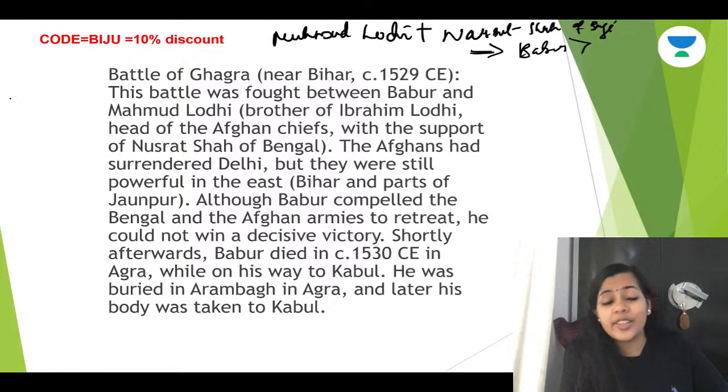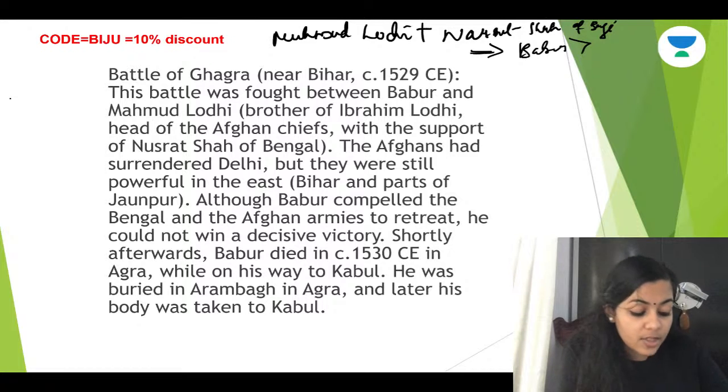So he finally made a peace agreement, and the Battle of Gagra was not extended. It finished the challenge of the Lodis. After this, there was no challenge from the Lodis.